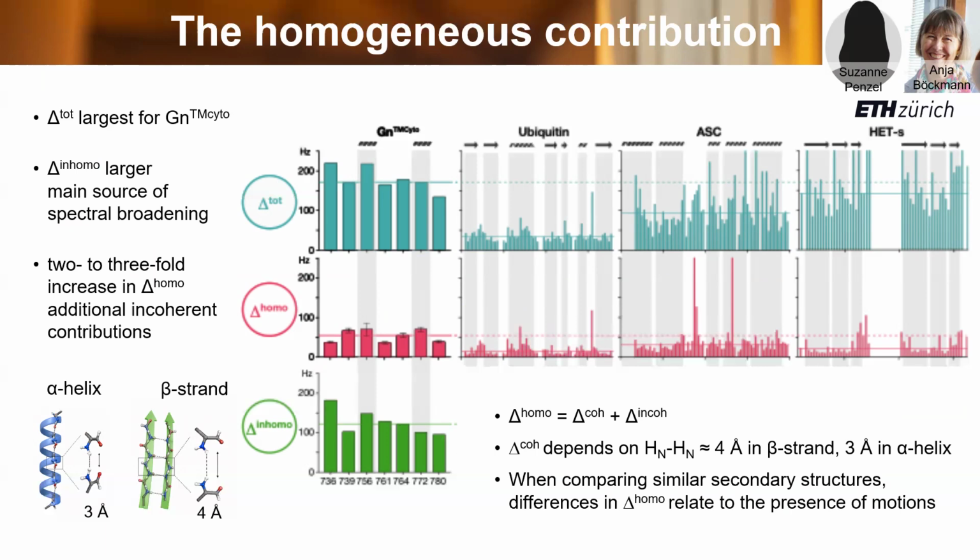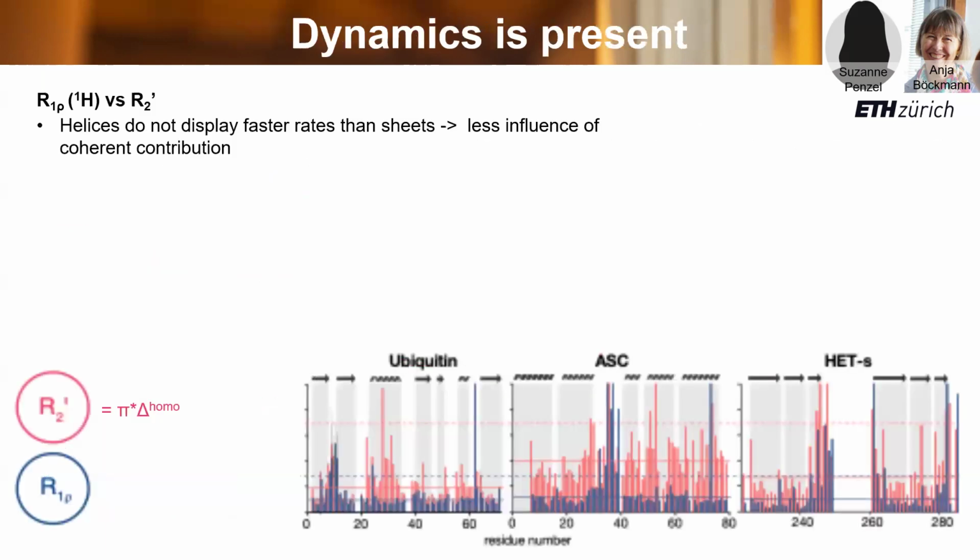And to go further with this, we measured the R1rho, so the relaxation rate under spin lock. It's shown here in blue, and we compared it also to the R2' that we measured, in pink. So first, in blue, if you check on model proteins, R1rho doesn't have this dependency on secondary structure. So you see it's similar in helices or beta sheets.